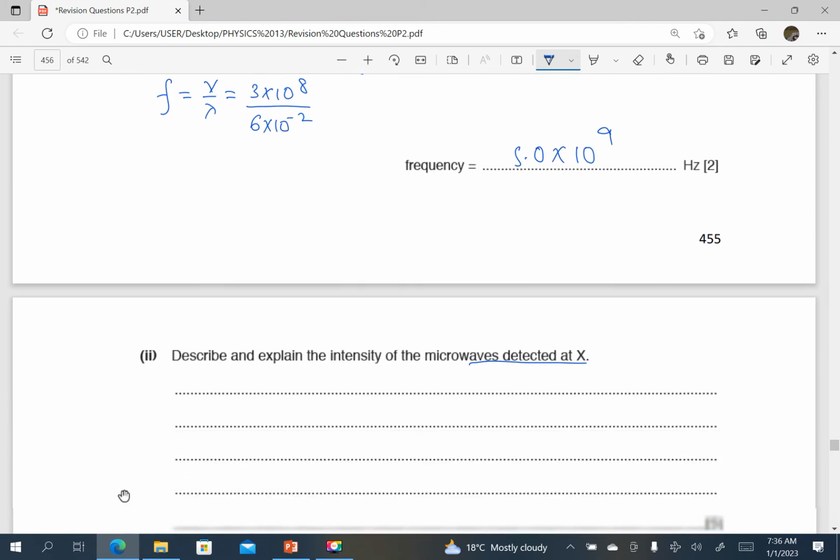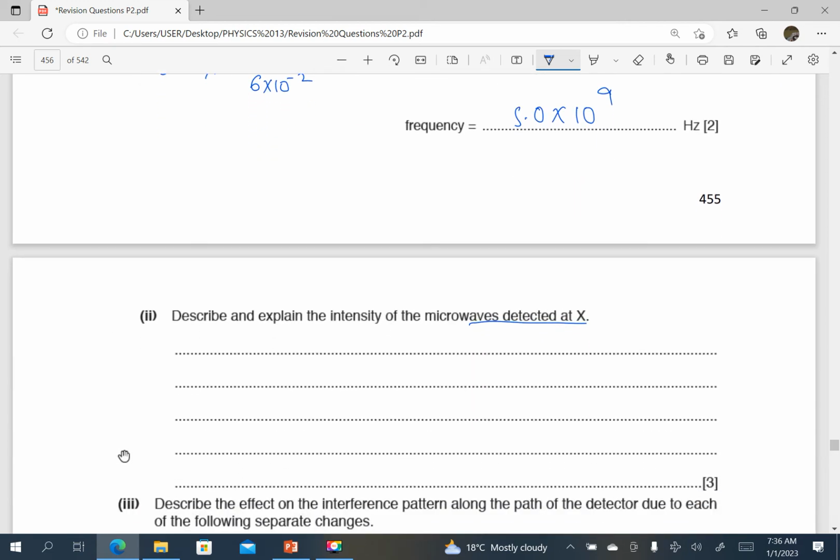Okay, so describe and explain the intensity of the microwaves detected at X. So we can simply say at X, path difference equals 3 lambda, or you can say phase difference equals 1080 degrees, or 0 degrees by the way, because 1080 degrees and 0 degrees both mean constructive interference.